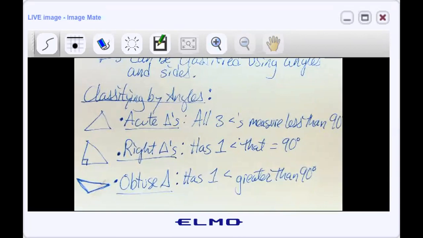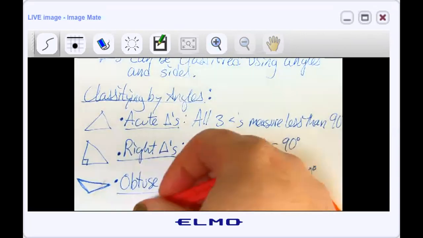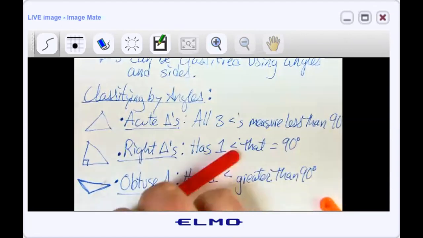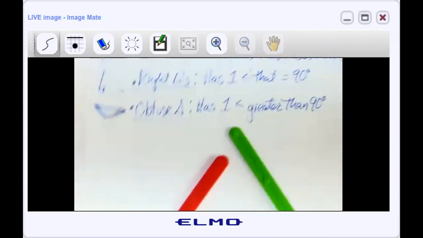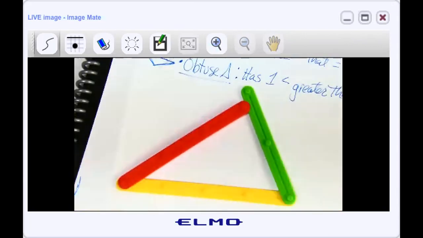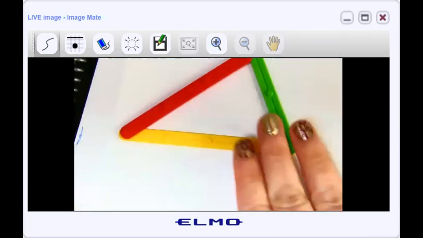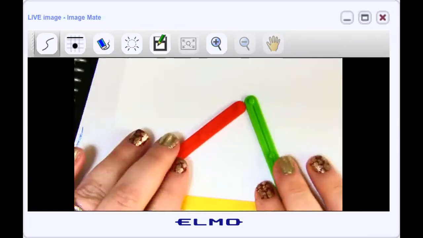Let's do a yellow, a green, and a red. Okay, so let's check this out. Here I have 3 sides, obviously, making up a triangle, okay?